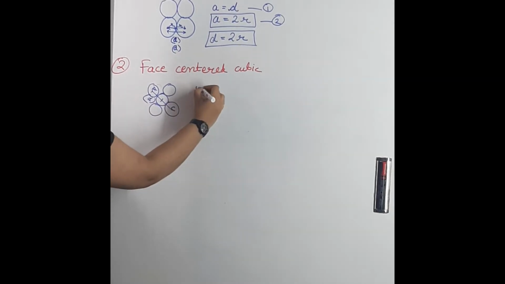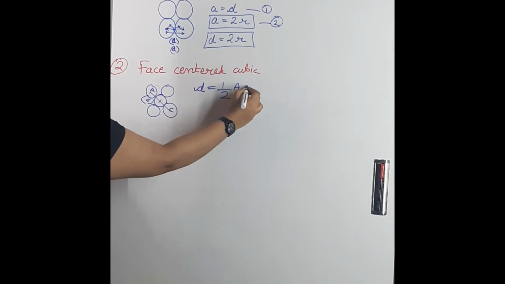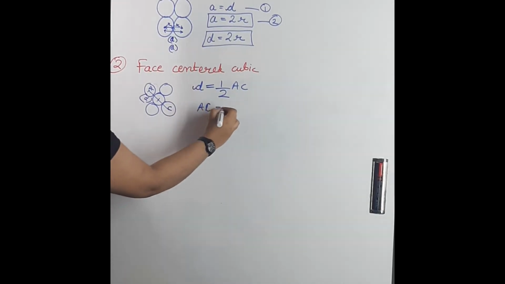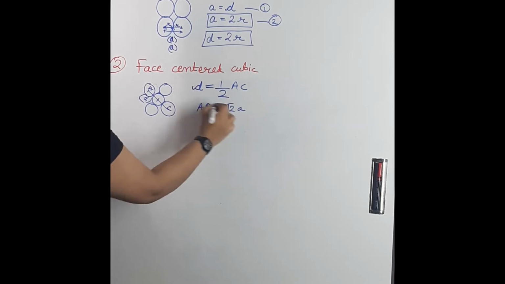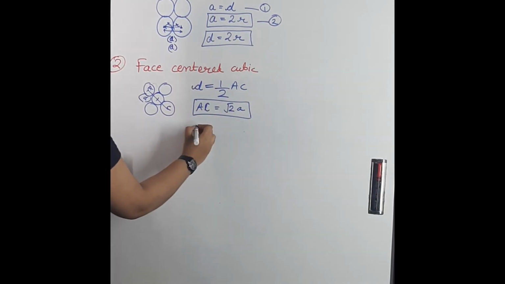So from here we can conclude that D is half of AC, and AC is root 2 A, as we have discussed in our previous lecture.